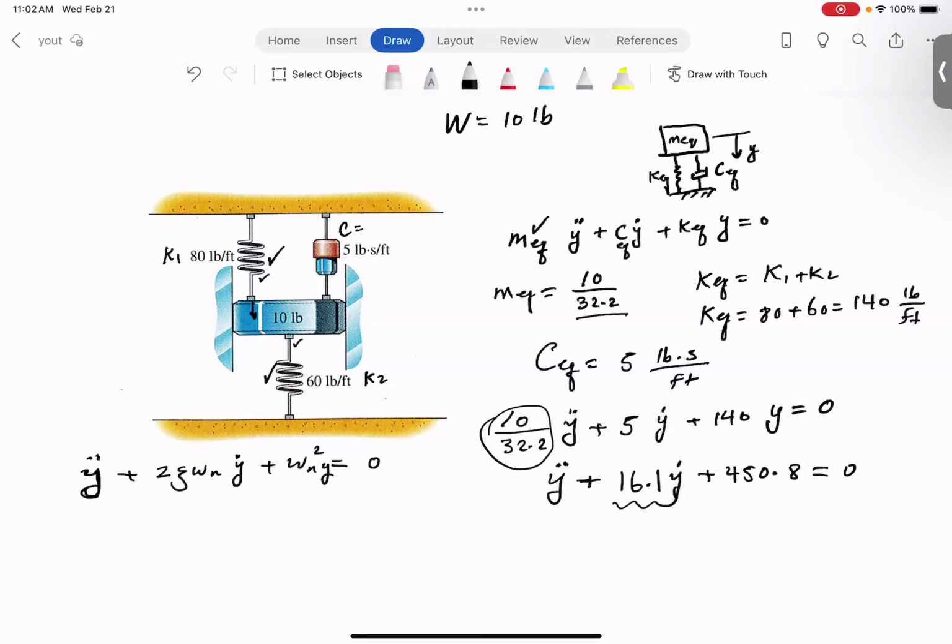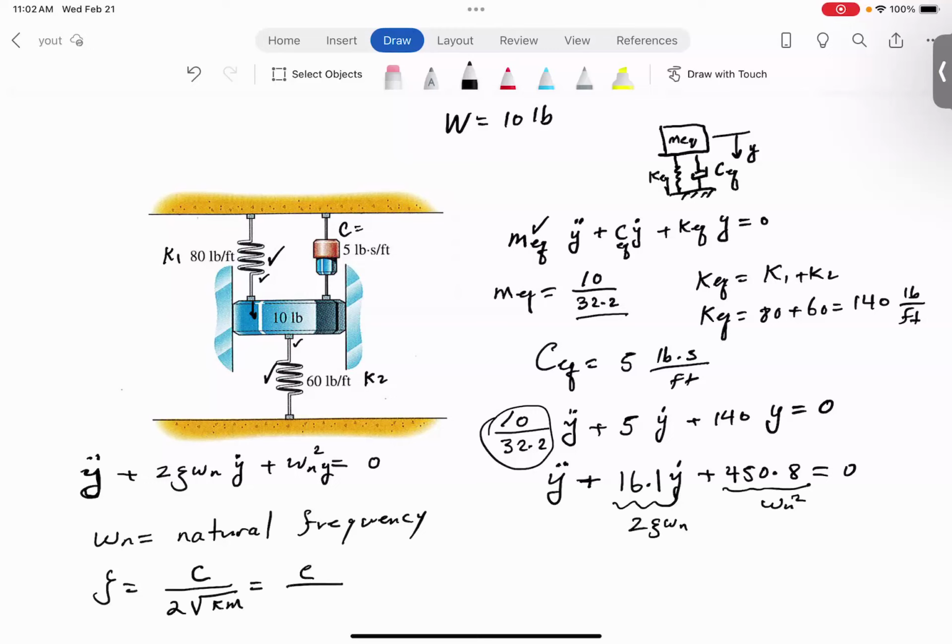So you see, this is the 2 zeta omega n, and this is omega n squared. Omega n, of course, is the natural frequency. And the damping ratio zeta is basically the ratio of C divided by 2 square root of K m, which can also be written as C over 2 m omega n.